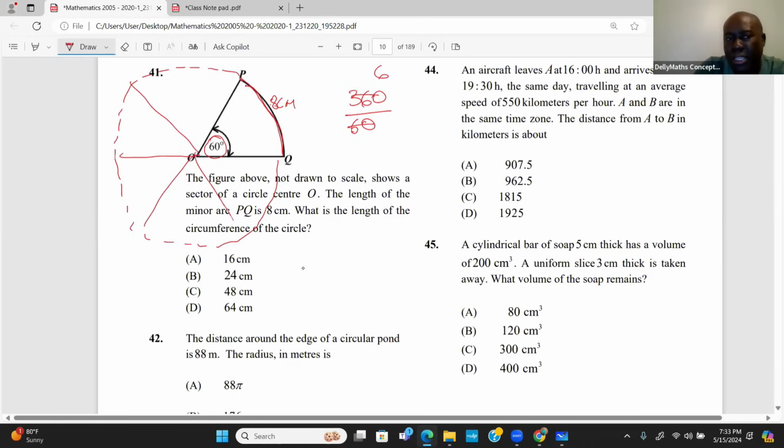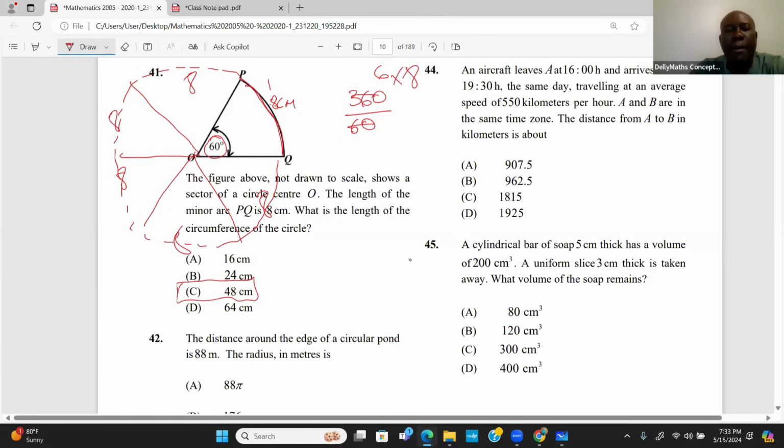So you'll have 8 again, 8 again, 8 again, 8 again, 8. So 6 times 8 gives 48. There are various approaches to questions like this. You think, you relax, you don't have to overdo it because it's multiple choice.